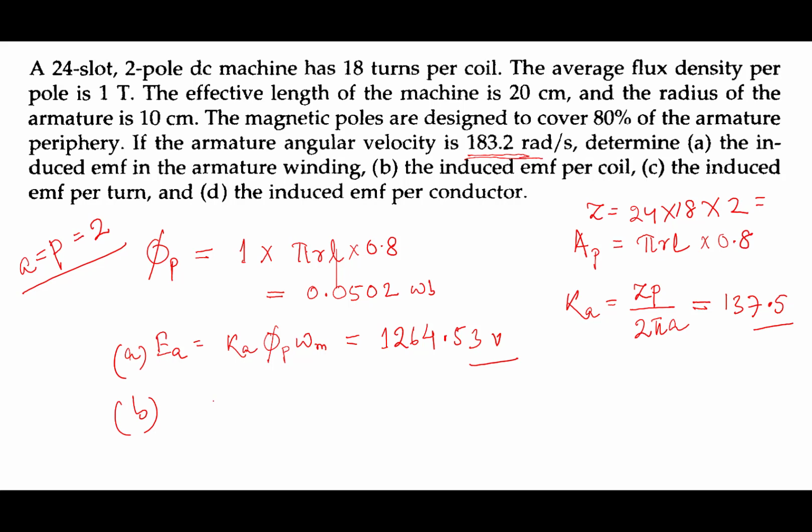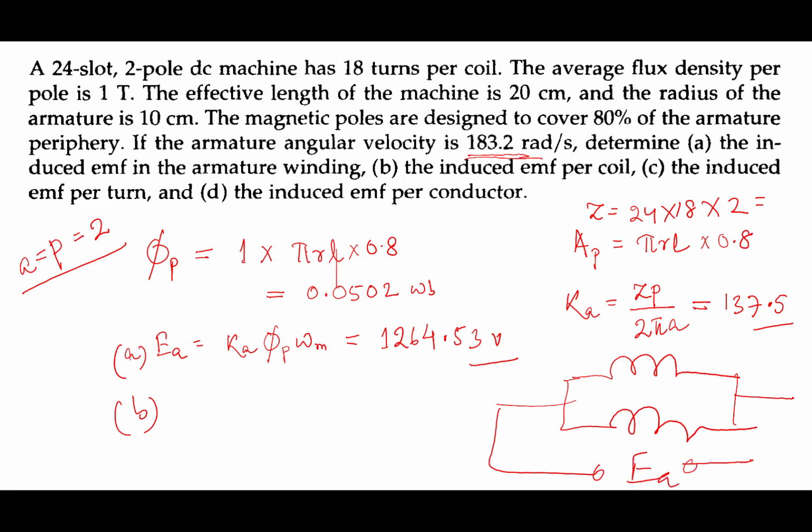Because the voltage whichever we got, it is the voltage across the parallel path, right? We have 2 parallel paths like this. I have shown you yesterday also, right? We have 2 parallel paths, and this is the voltage EA.